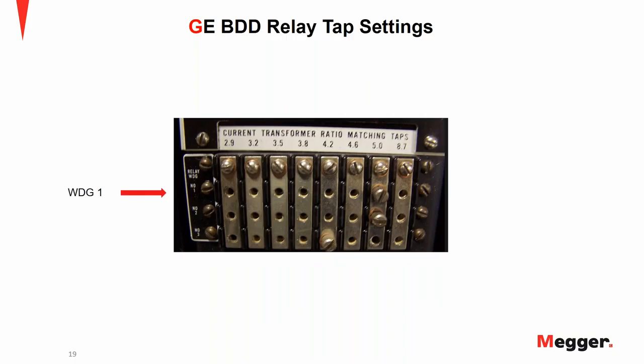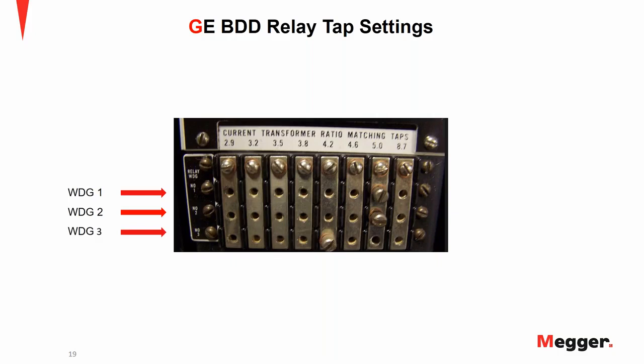So each one of these is the tap block for the BDD relay. The first one is winding number 1. So this is for the first winding, and these are individual taps that can be set for your mismatch between high side and low side of the transformer. The second set of windings is for a second winding of a 3 winding transformer.